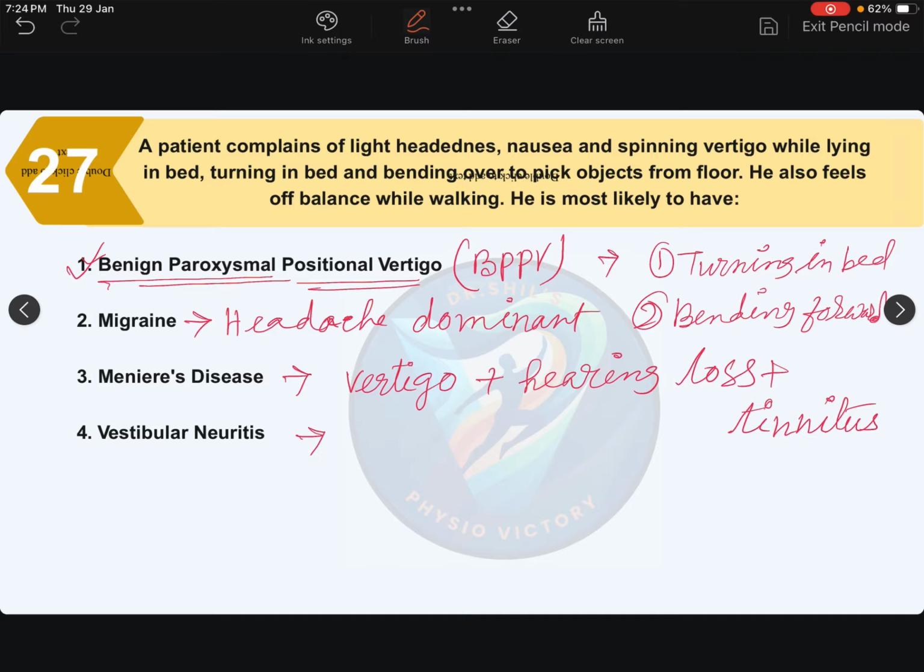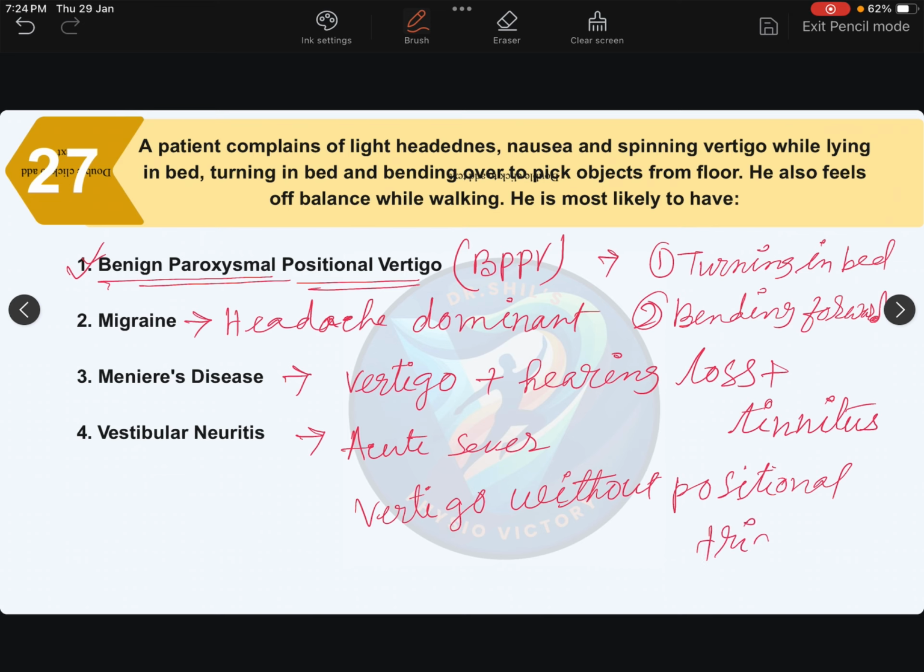Vestibular neuritis is acute severe vertigo without positional trigger.